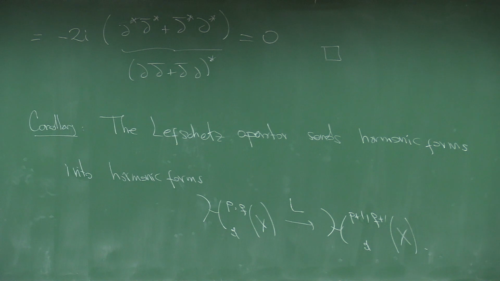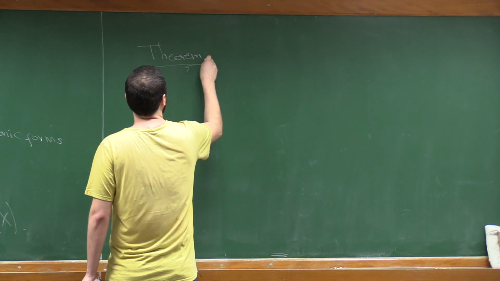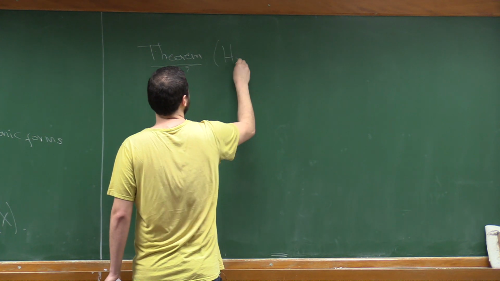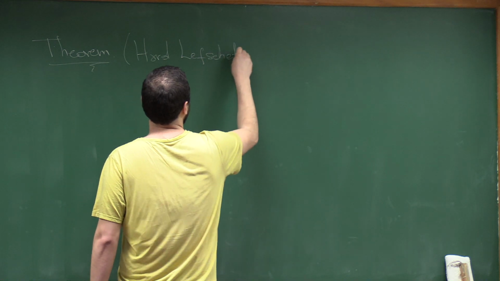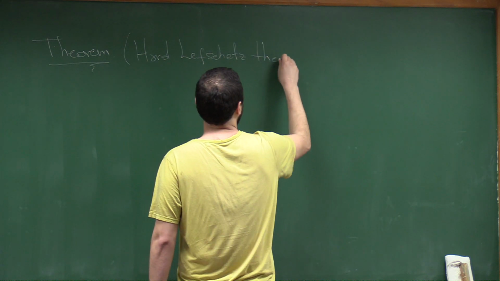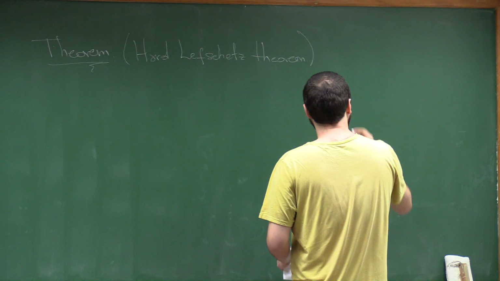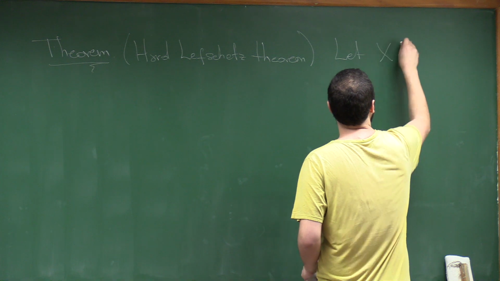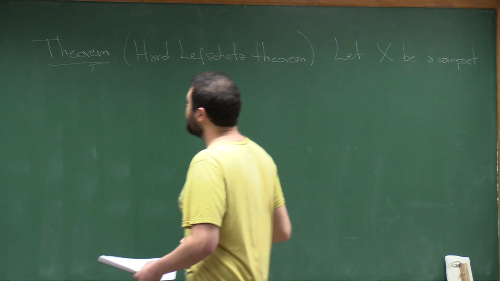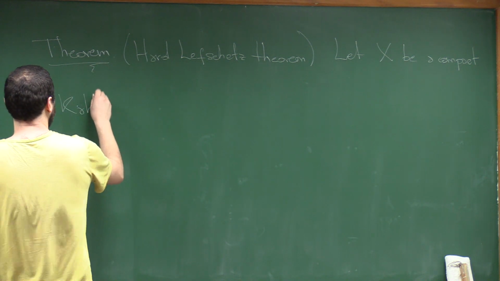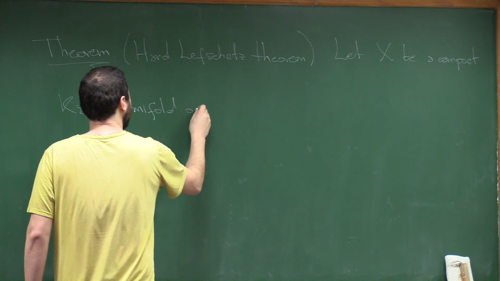So now the theorem. This is the cohomological version of the Hodge-Lefschetz theorem. So let X be a compact Kähler manifold of dimension n.